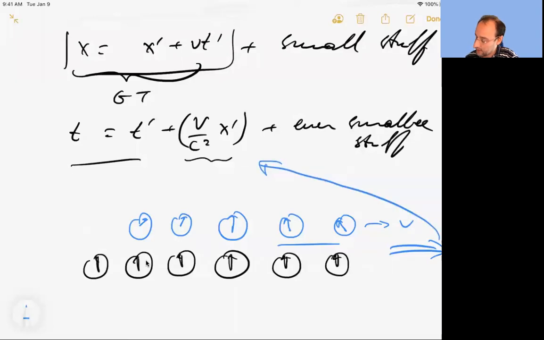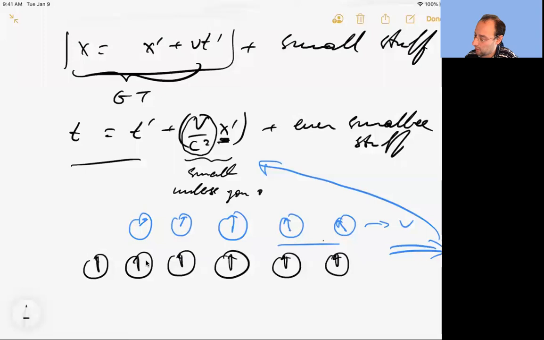You see, unless x is so huge that it offsets the smallness of this. v over c squared is really small, and it's a measure of asynchrony. So unless you go really far that this asynchrony becomes pronounced, then this term is small.